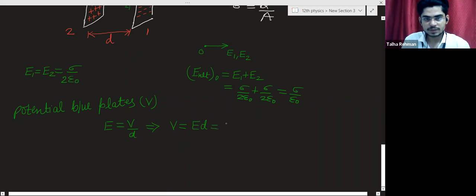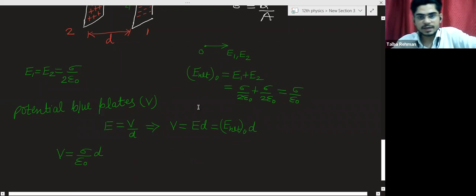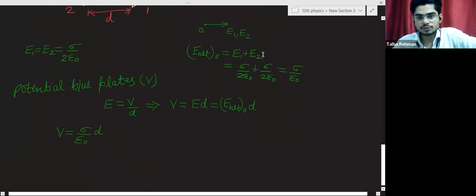So this will be E net at O into the distance between two plates. And now we have the potential V equal to E net, means sigma by epsilon naught, and D. And I have written the value of sigma also.